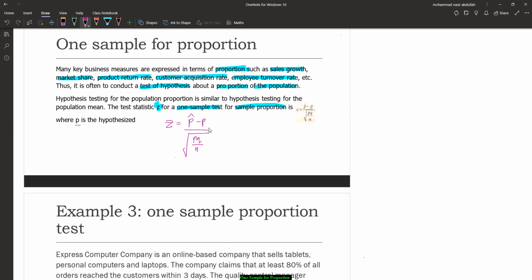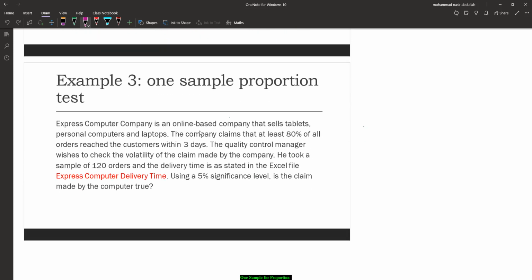To understand further, let's look at example number 3.